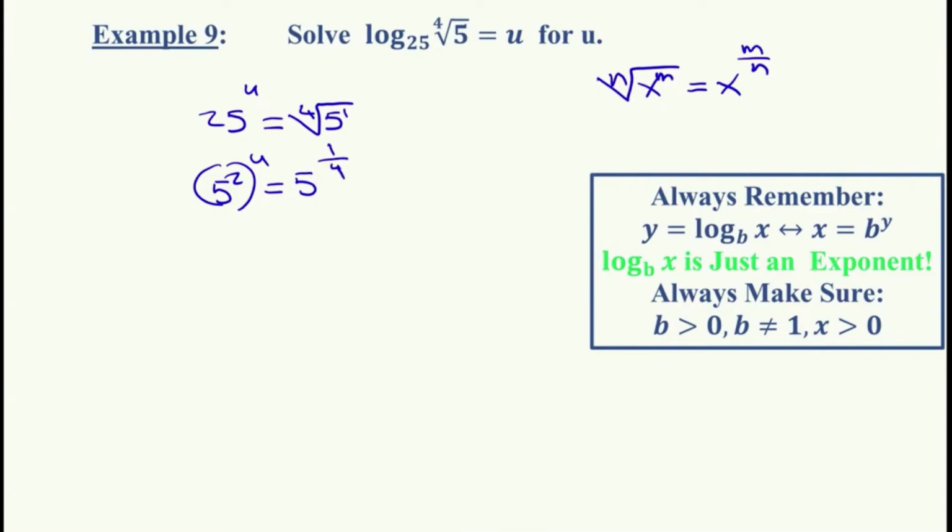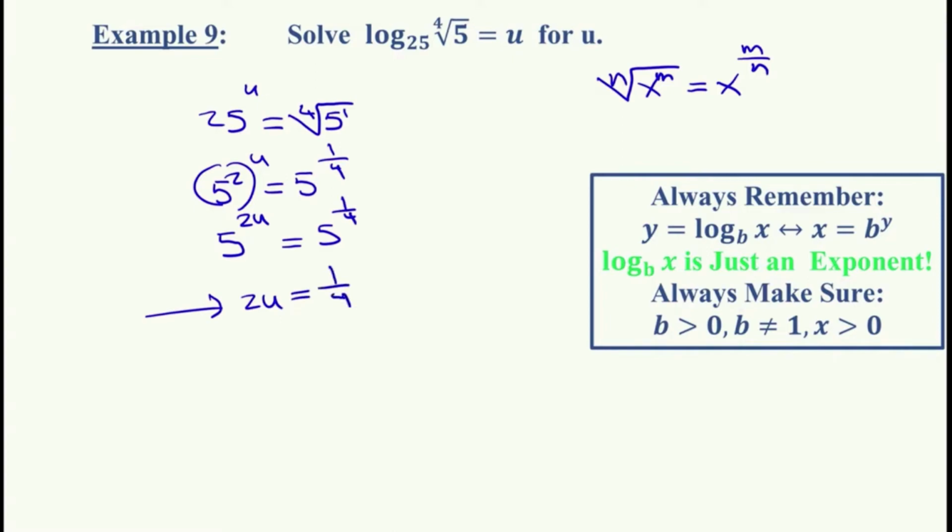So on the left side we can go ahead and use the power rule to turn that into 2u. We get 5 to the 1/4 on the right side, and of course now we have the same base on both sides. If two powers are equal and their bases are equal, the exponents must be equal, so we get 2u is equal to 1/4.